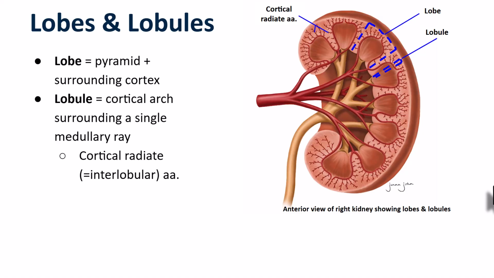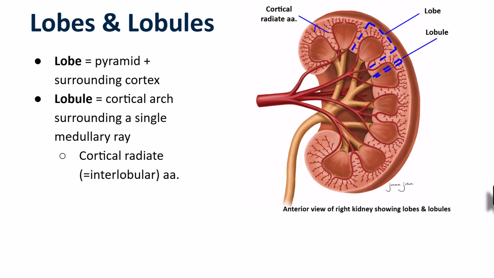So within a segment, we can subdivide the parenchyma up into lobes. A lobe is a renal pyramid, which is the medulla, surrounded by cortex. So this would be all around on one side. Lobes can be further subdivided into lobules.